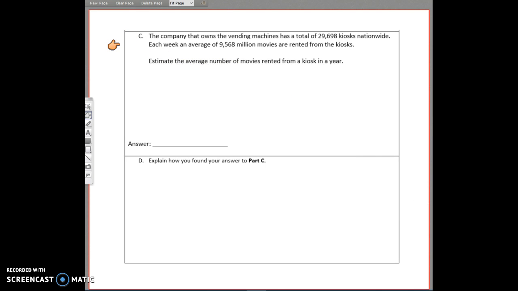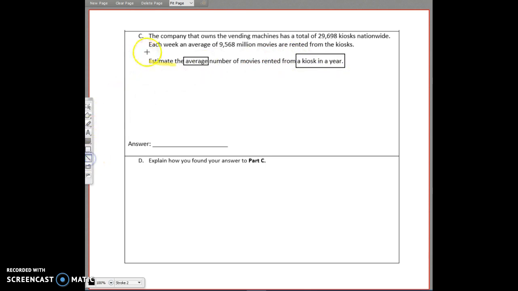Part C, the company that owns the vending machines has a total of 29,698 kiosks nationwide. Each week, an average of 9,568 million movies are rented from the kiosks. Again, this says estimate the average number of movies rented from a kiosk in a year.